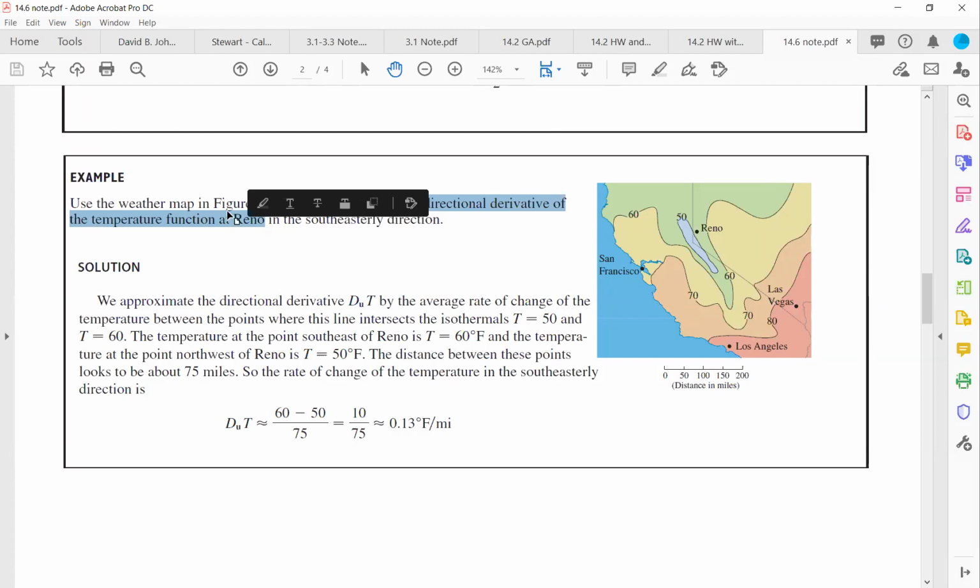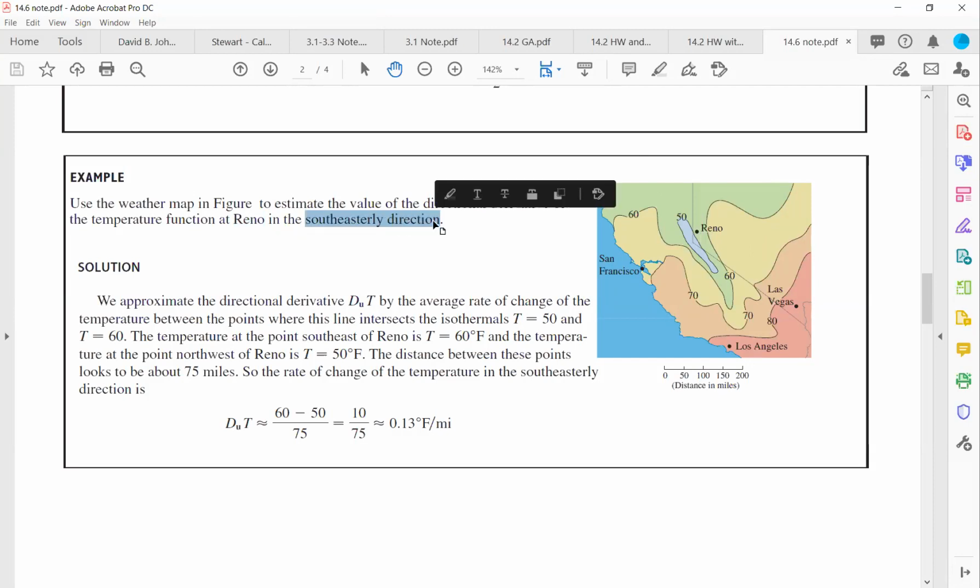So here you have Reno, which is the point x sub 0, y sub 0. It's just a location, Reno as a city. It has a location, so it has an x coordinate, y coordinate, z coordinate, in the southeasterly direction. So the direction towards southeast.